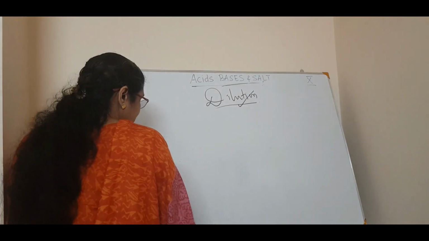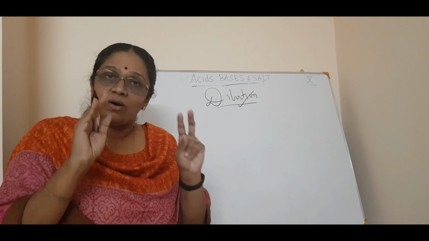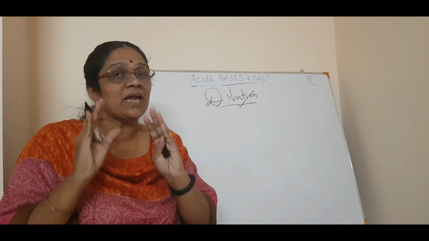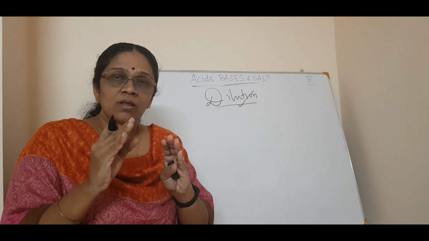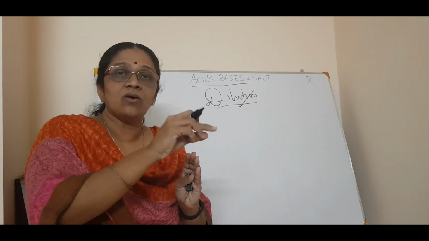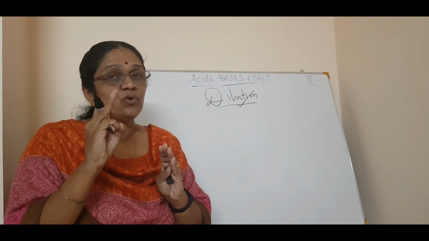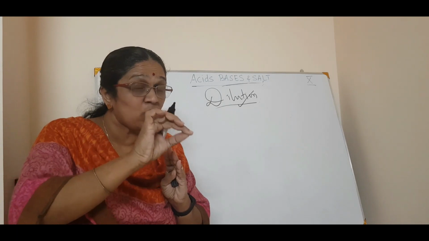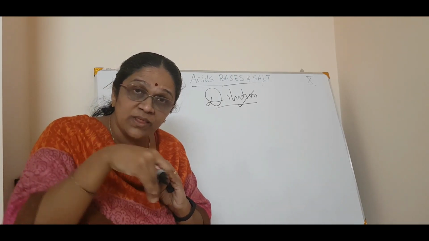Generally, if you want to dilute a concentrated acid, you should pour the acid into water, slowly and with constant stirring. Two things: you have to pour the acid very slowly into water, and while doing it, you have to stir the solution with a stirrer.